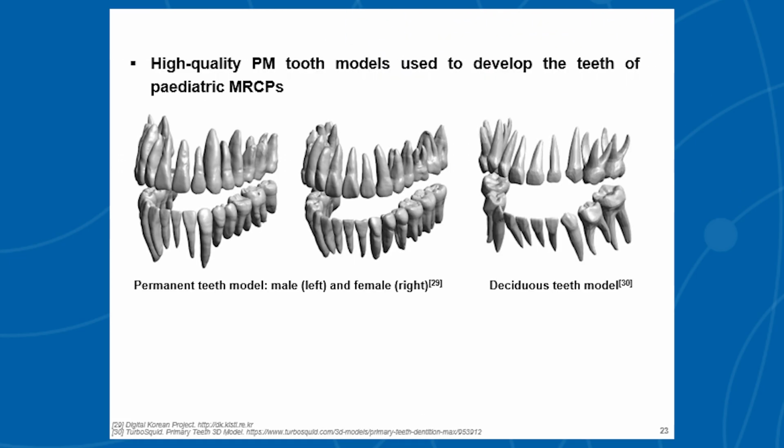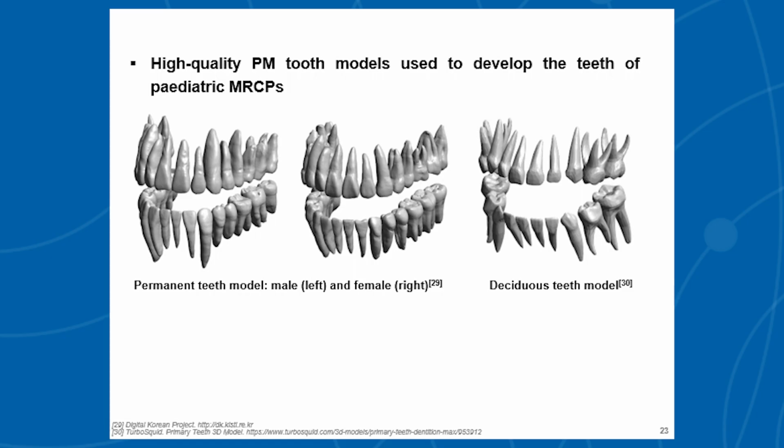Based on the determined data, we developed the tooth models and integrated them into the mesh phantoms. For the permanent teeth, we used the models obtained through micro-CT imaging conducted by KIST, and for the deciduous teeth, we used commercially available models created through molding or 3D scanning.